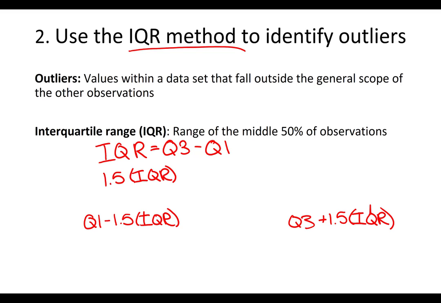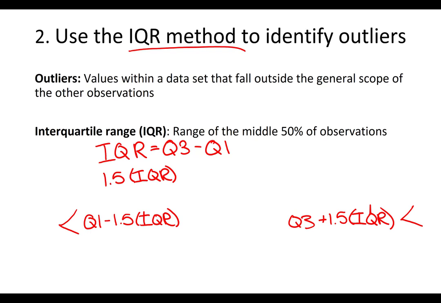When I say beyond, I mean less than the lower fence, so less than Q1 minus 1.5 times IQR, or greater than the upper fence of Q3 plus 1.5 times IQR.